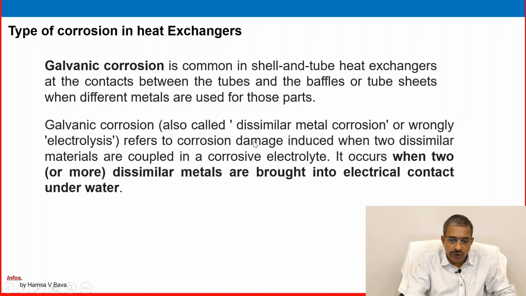Galvanic corrosion, also called dissimilar metal corrosion or wrongly electrolysis, refers to corrosion damage induced when two dissimilar materials are coupled in a corrosive electrolyte. It occurs when two or more dissimilar metals are brought into electrical contact under water. So, that is galvanic corrosion. Studies tell us that heat exchangers generally experience galvanic corrosion.